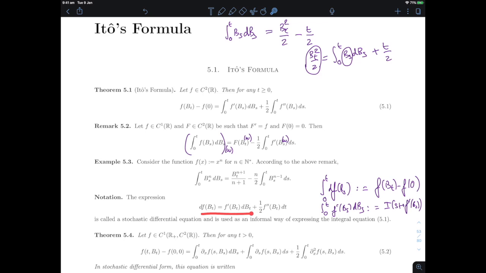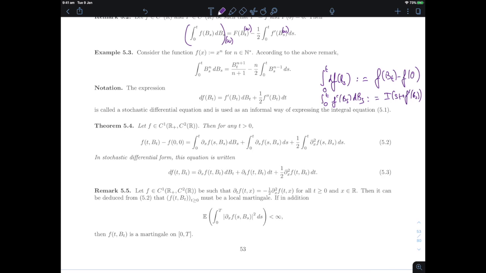But this thing called a stochastic differential equation is really not a differential equation, as nothing is actually differentiated. It's an integral equation. It tells you that the integral of the left-hand side is equal to the integral of the right-hand side, interpreting integrals in the right way.